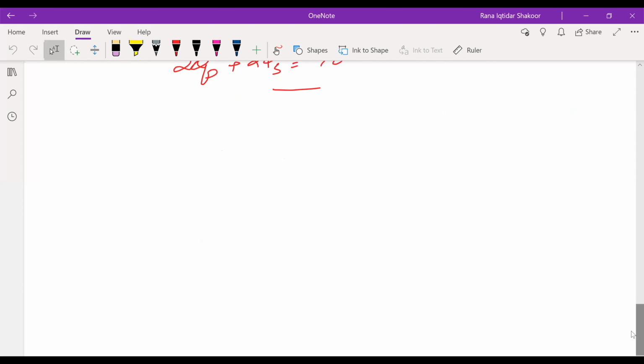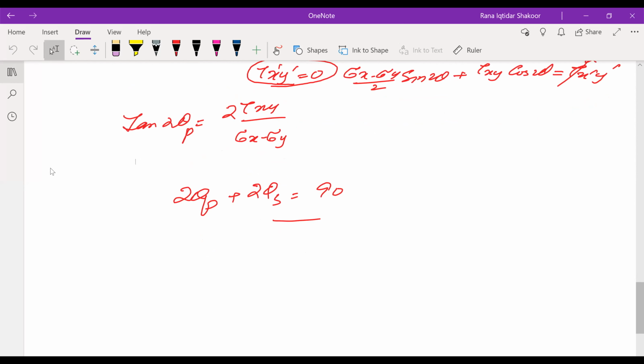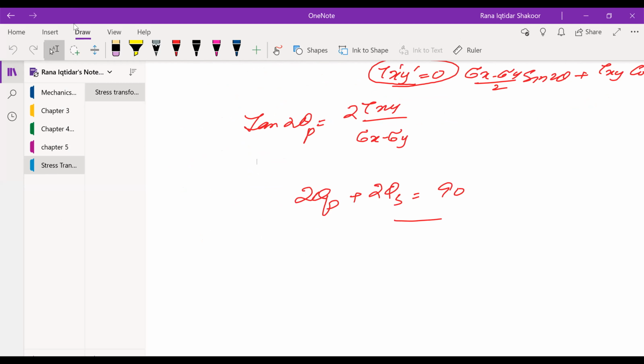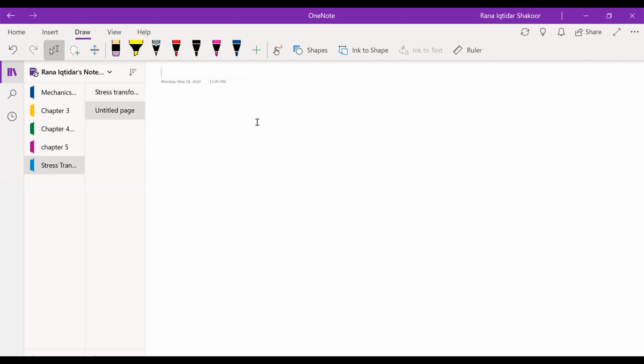Today, we are going to implement this theoretical aspect on some examples, and we will see how we can go ahead accordingly for different types of problems. So we are going to start a new page, and that page will be primarily for the Mohr circle example, right?